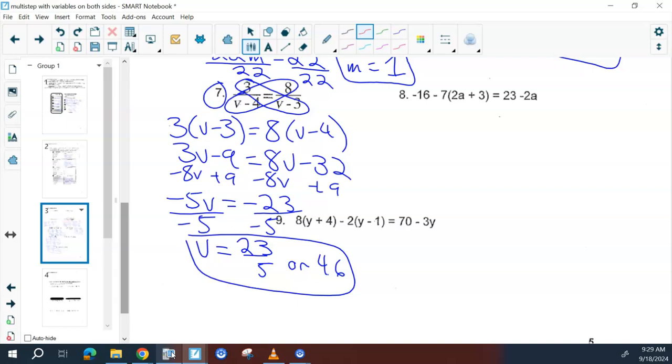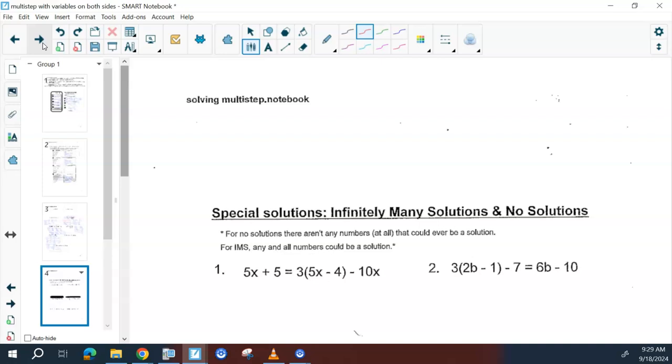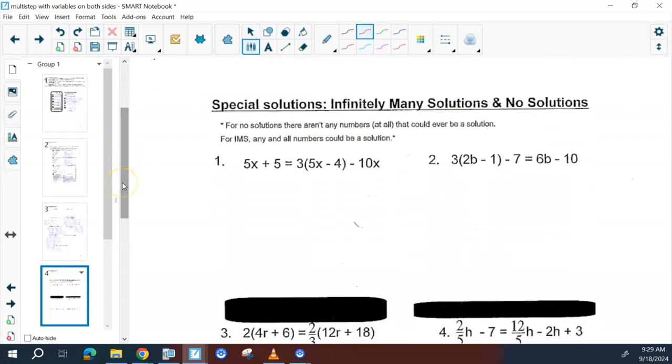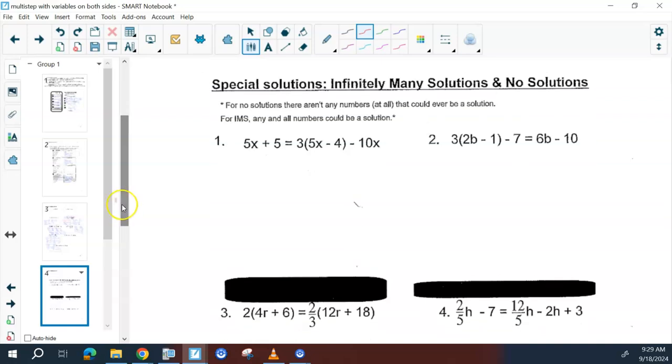So we're going to talk about two other types of special case problems that we'll try really quickly on the next page. You won't really notice it's a special case until you start to solve it, and then something should stick out to you that will tell you, okay, this is going to be one of my special cases, and then I'll show you what that looks like.